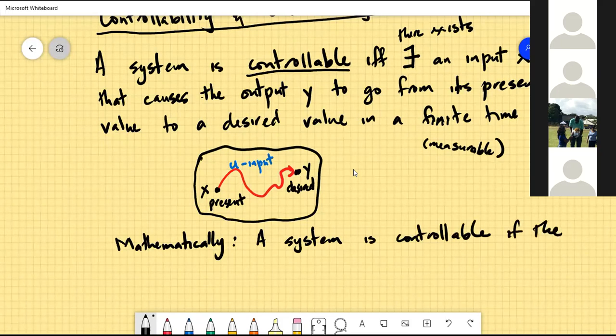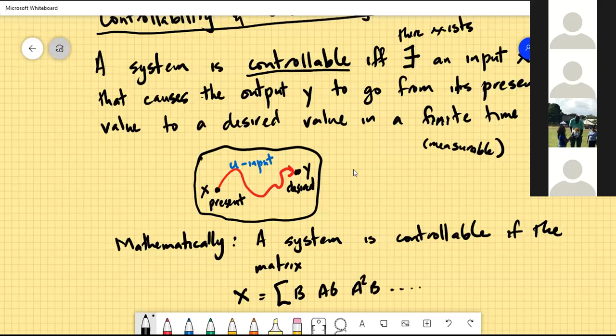So what we'll do is form the matrix, and I'm going to call the matrix X. So it's going to be B, AB, A squared B, up to A to the n minus 1 times B.